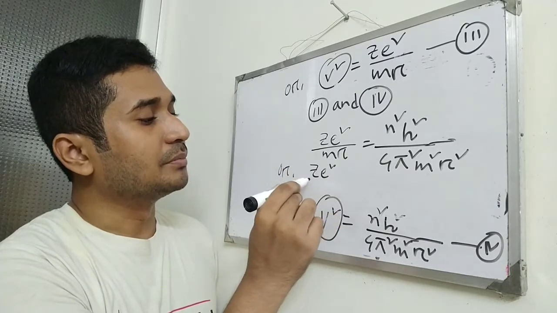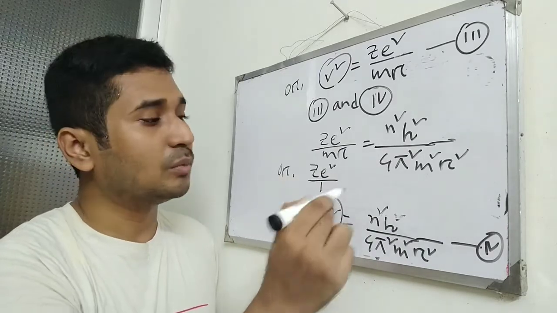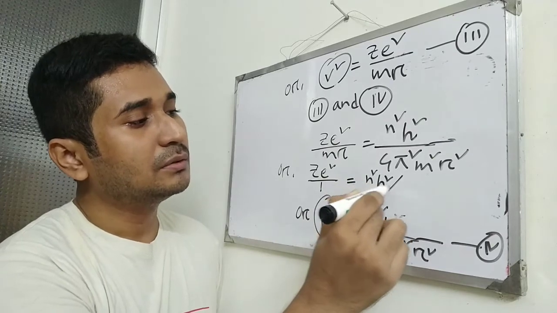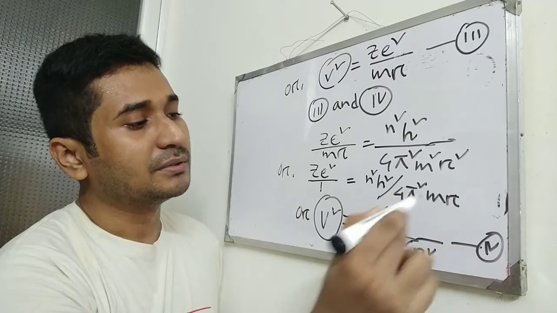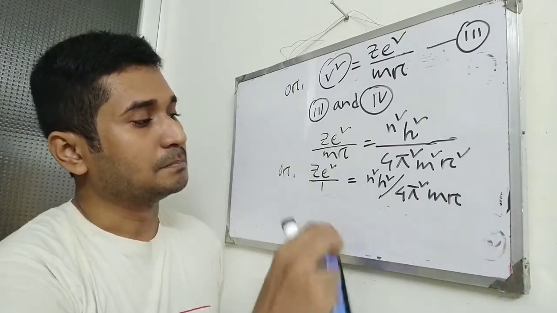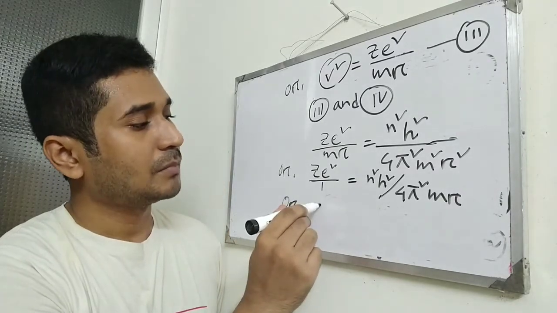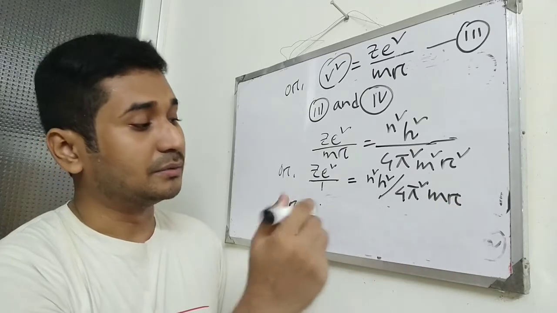Then it will be ze square by 1 is equal to n square h square by 4 pi square mr, since I have multiplied by mr. So I need to take r, which is radius.